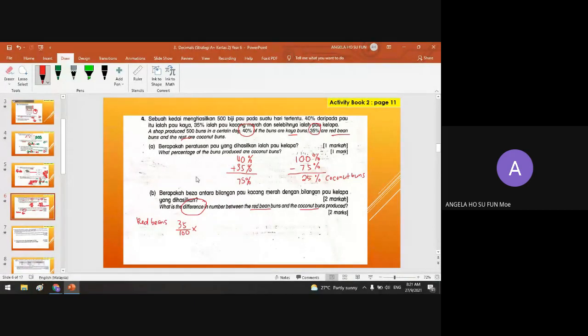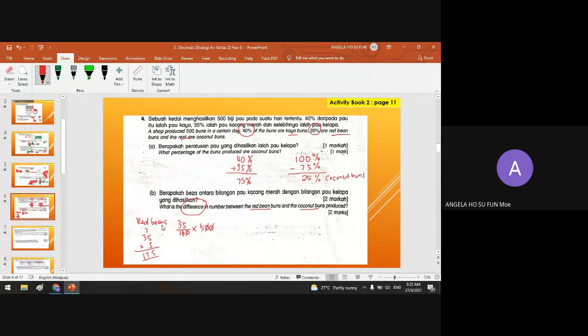So I multiply here 500. Very easy, I cut 2 0 with this 2 0 of hundreds here. So what I'm going to do is 35 times 5. All right, multiply. 5 times 5, 25. 5 times 3 is 15, plus 2, 17. So the shop produced 175 red bean buns.